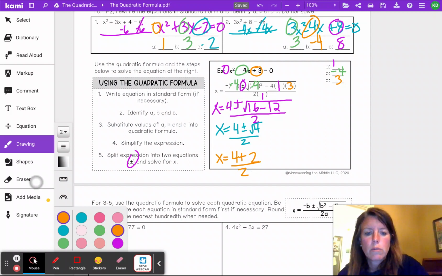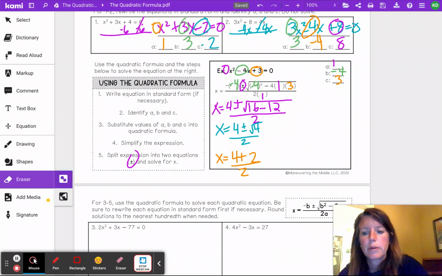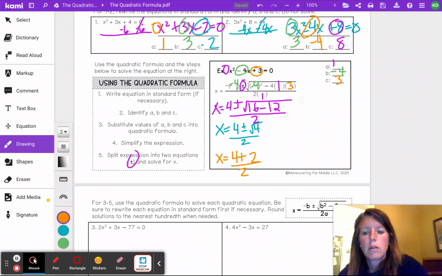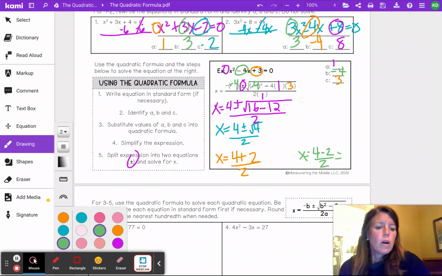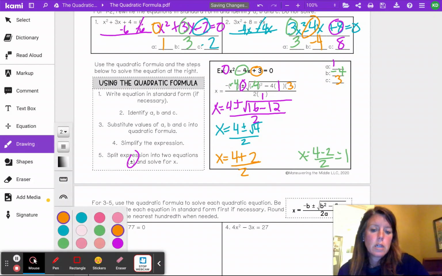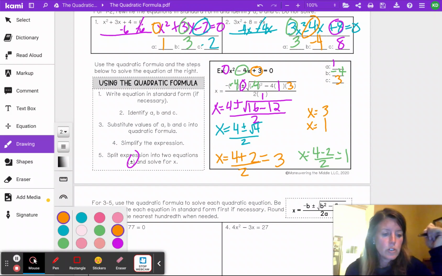Now I've got x equals 4 minus 2 divided by 2. 4 minus 2 is 2. 2 divided by 2 is 1. This one, 4 plus 2 is 6. 6 divided by 2 is 3. So your 2 answers are x equals 3 and x equals 1. So that's all you do.